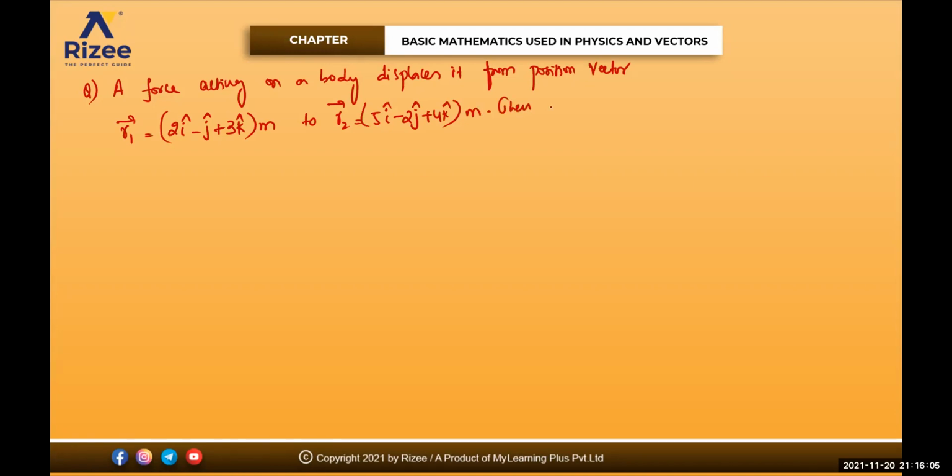Then find the displacement vector. Can anyone try it?